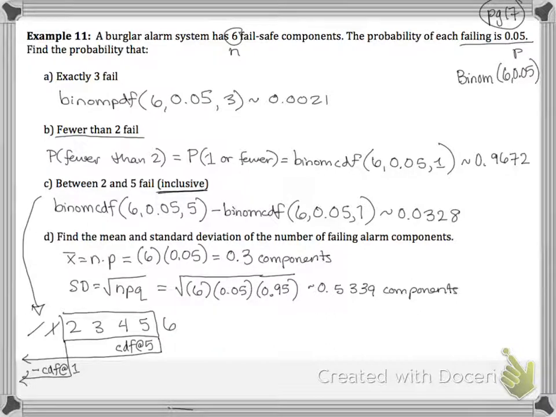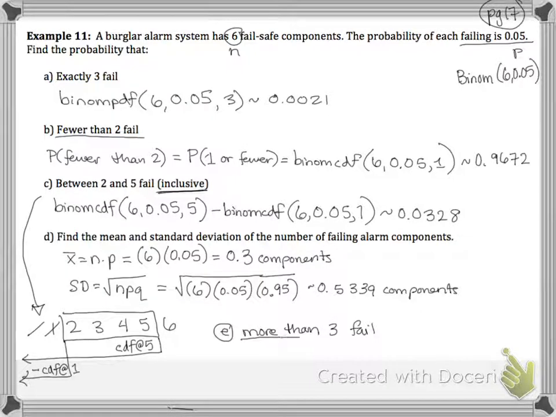And then the only thing I think I left off that I'm going to add on here as an example is a part E. Find the probability that more than 3 fail. I'm just making this up because I want to do this together, and then I'll put it in my calculator and get us the right answer.